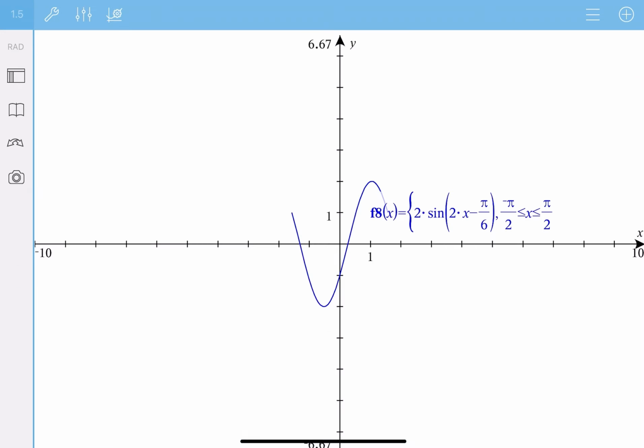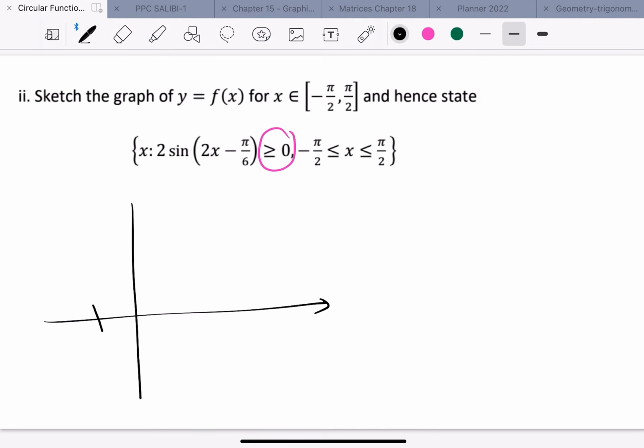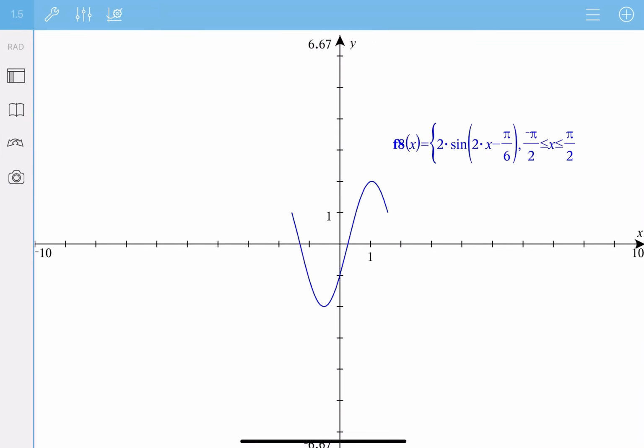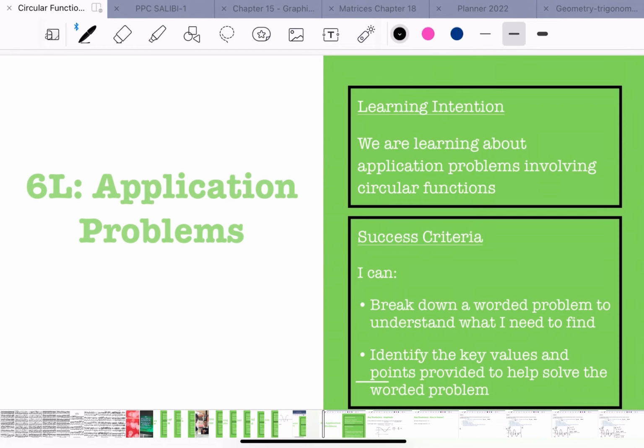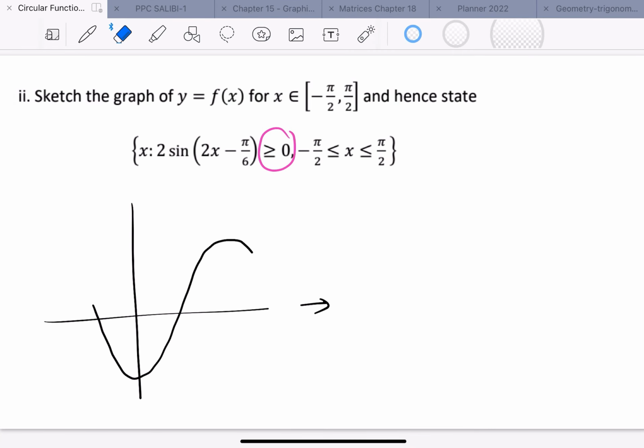Okay, so that's what this graph looks like. So I can quickly draw that in. Actually, I think I drew that incorrectly. Let me try that again. I continued it a little bit too much, so I should have stopped there.